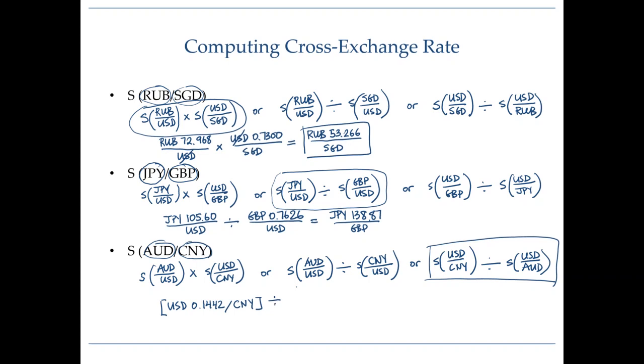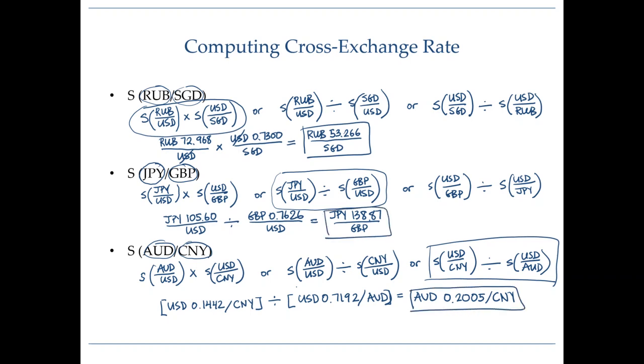We're going to divide it by the direct quote for the Australian dollar, which says US dollar 0.7192 per Australian dollar. When we compute this, we see that 1 Chinese yuan is equivalent to 0.20 Australian dollar. So this is how we compute cross rates.